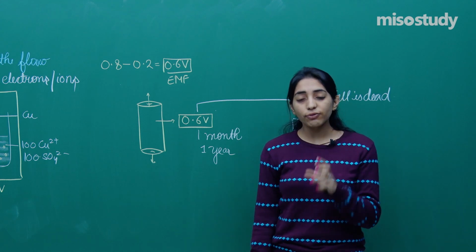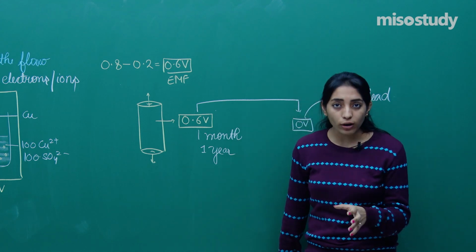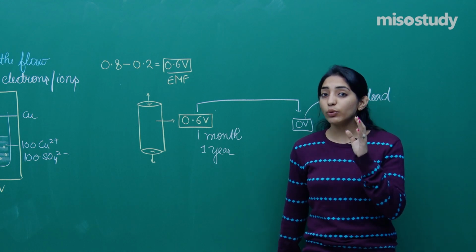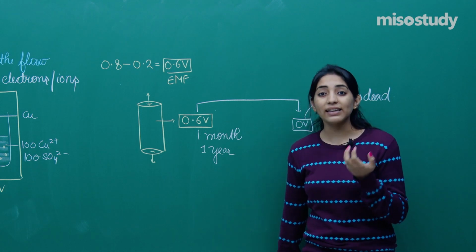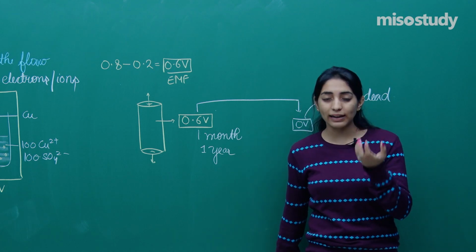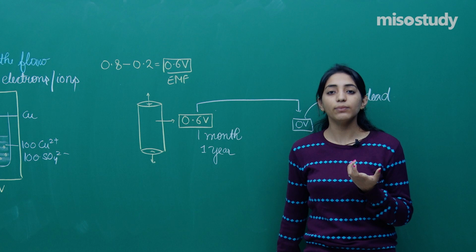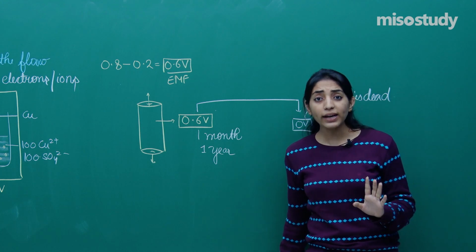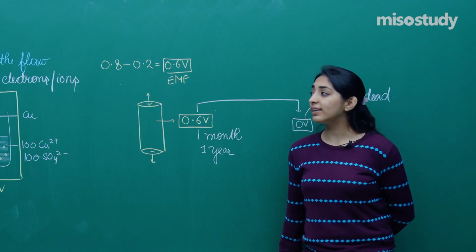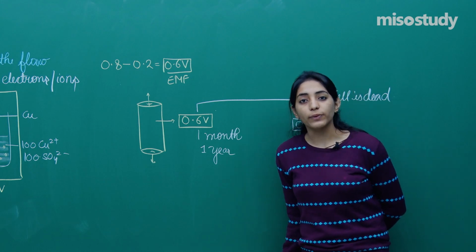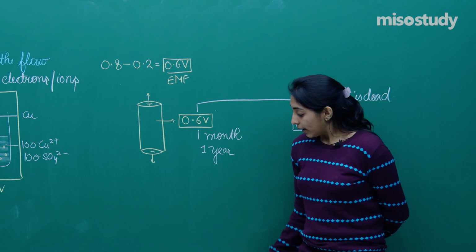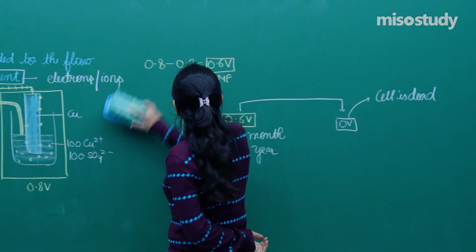Because of the resistance faced by the electrons, the voltage drops, and thus you won't be able to tell the exact value of the potential difference. So this is the reason why we say that the electromotive force is measured when no current is drawn from the cell. Fine. Now listen to me for one more minute.